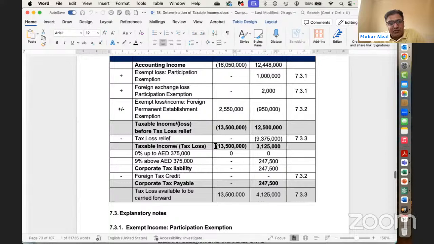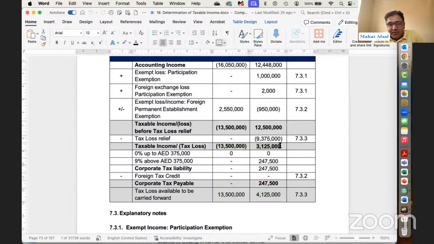Out of this taxable loss, for the next year, 75% of the income can be adjusted. The 75%, this is next year's profit. Up to 75% of taxable income, this loss can be adjusted. Remaining loss will be there. So we can say 13,500 less 9,375. Remaining loss is 4,125. It will be carried forward.